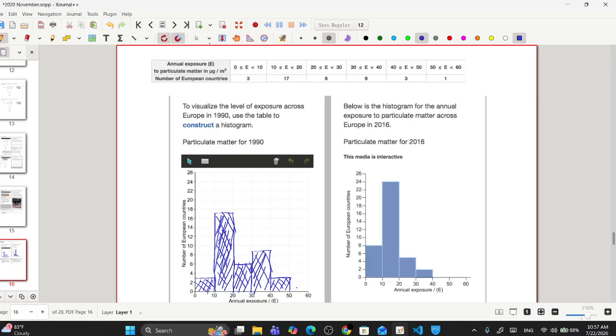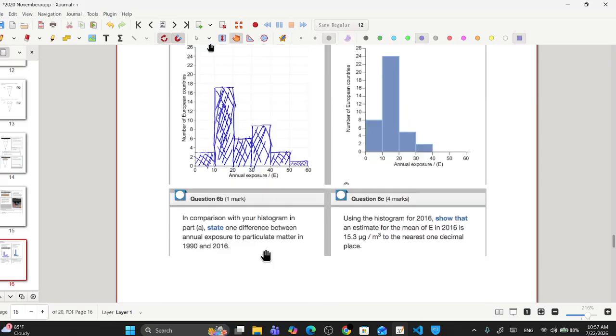In comparison with your histogram in part A, state one difference between the annual exposure to particulate matter in 1990 and 2016. Whenever you have this question, you have to describe it not just quantitatively, but qualitatively as well. How do you do that?